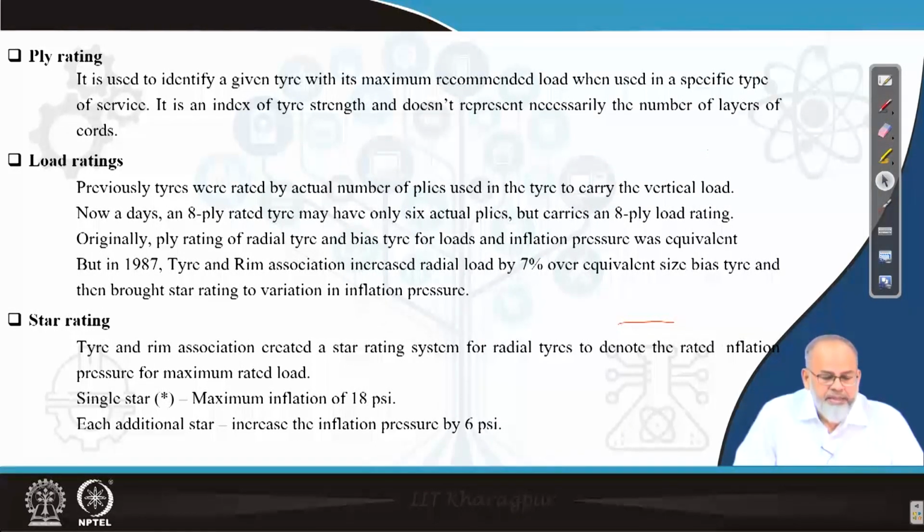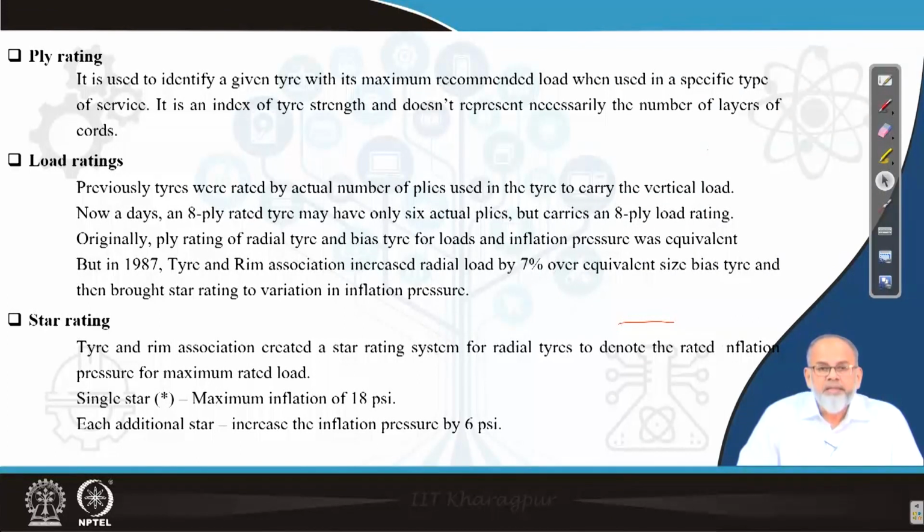And they have also indicated another component, that is a star rating, to take care of the variation in inflation pressure. So what is star rating? The Tire and Rim Association created a star rating system for radial tires to denote the rated inflation pressure for maximum rated load.